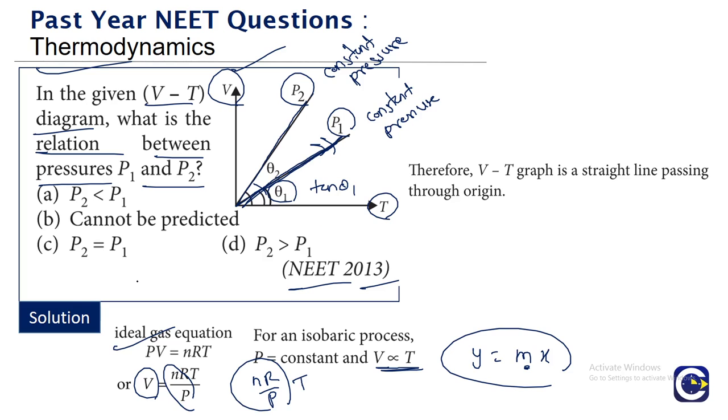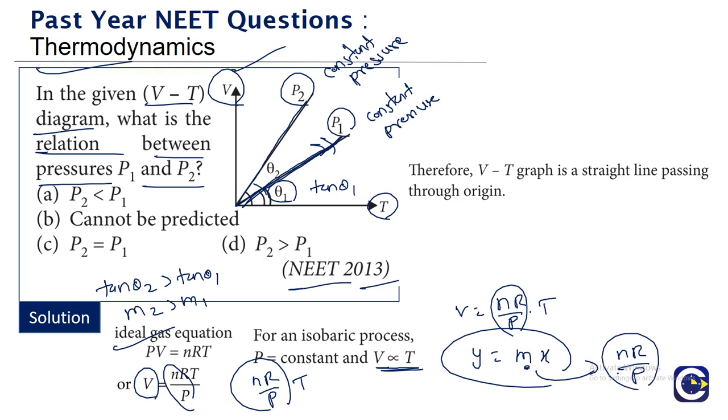Here tan theta 2 is more than tan theta 1, which means m2 is more than m1. Comparing with V equal to nR by P into T, m is nR by P, so the slope is inversely proportional to pressure.